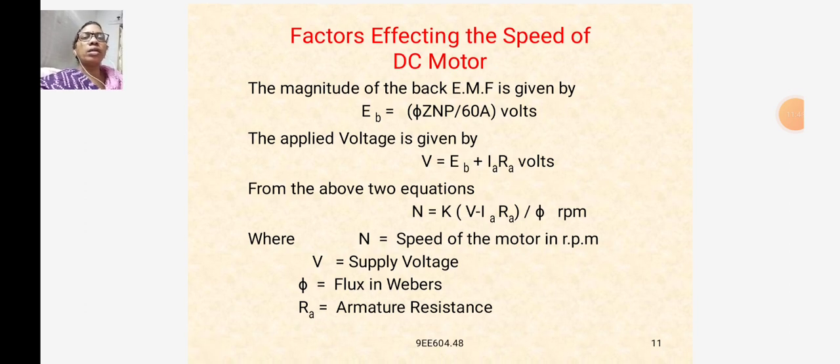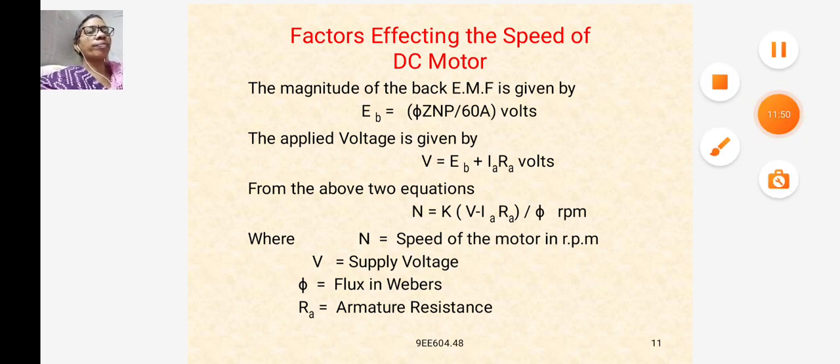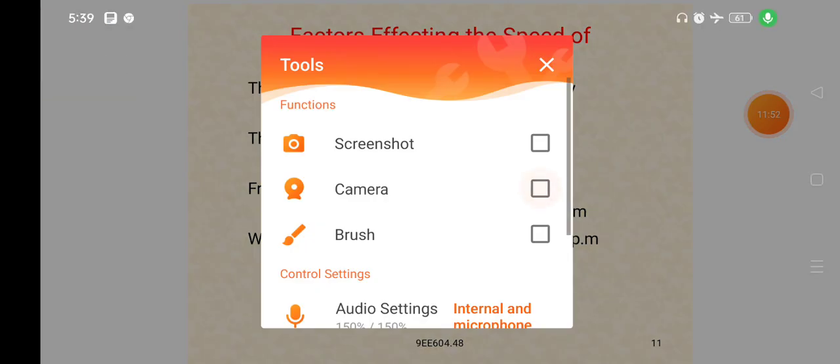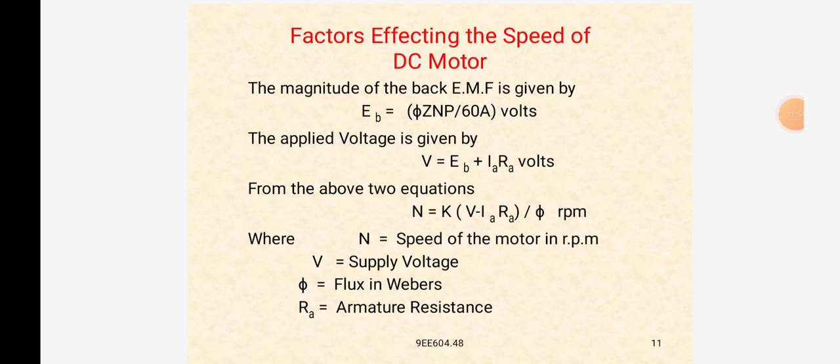And here factors affecting the speed of DC motor. Here we have a few factors affecting the speed of DC motor.